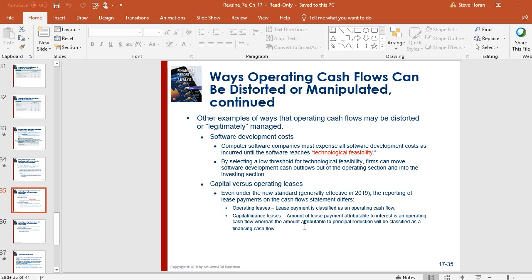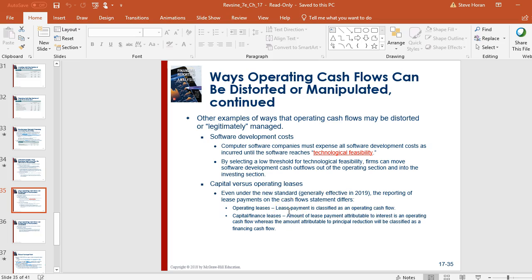So a business frequently enters into a capital or finance lease, where the lease payments are really a way to finance the acquisition of a long-term asset. And so with that in mind, those types of payments are classified more down in the investing or financing categories of the cash flow statement. They don't go through operations.